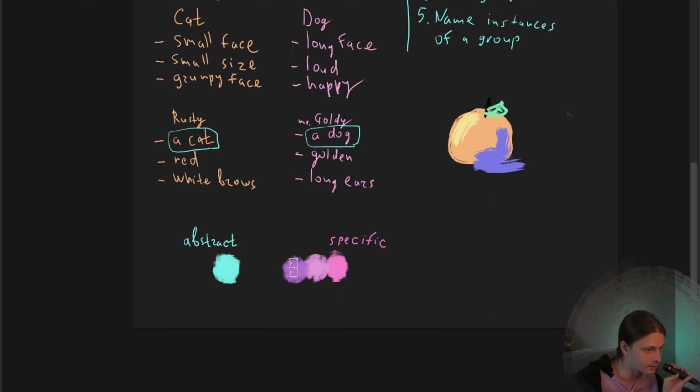Let's take this color and move it to this. Oh no, this is not so pleasant a color.